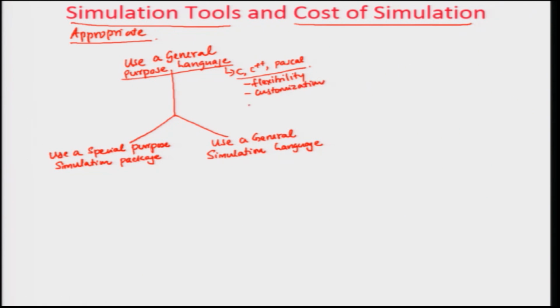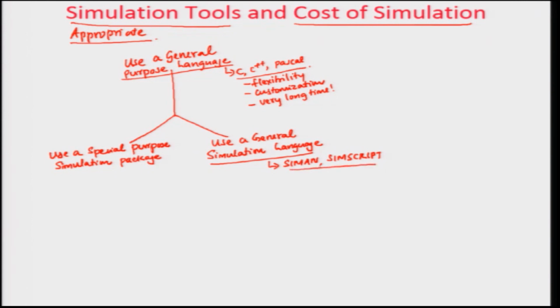The disadvantage of this is a very long time to develop. The time constraint is very high in this case, because it is not designed to build a simulation. Whereas, you can use a general simulation language. Typically, in this case, this is more like Simon, SimScript, etc., which are designed to build simulations.